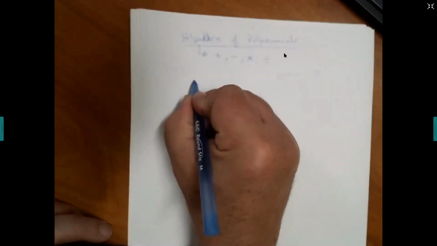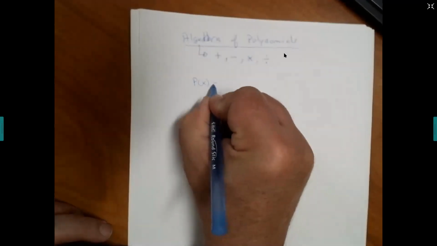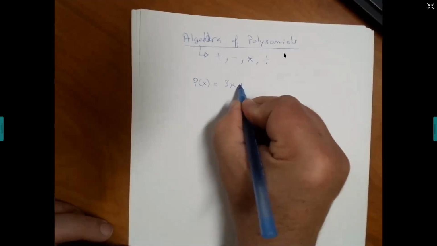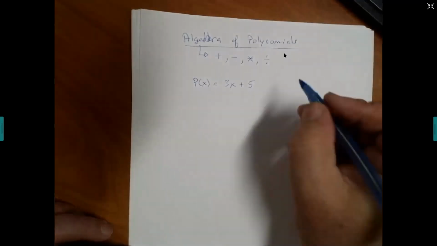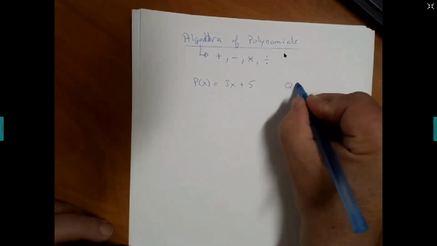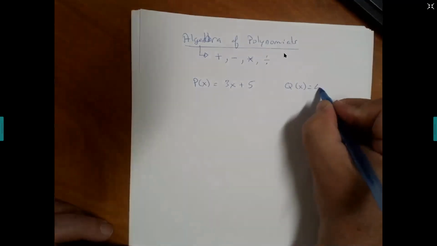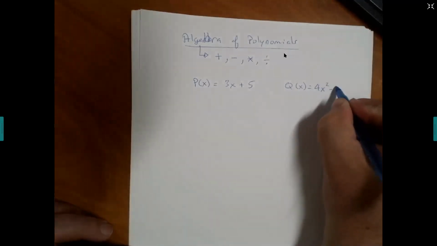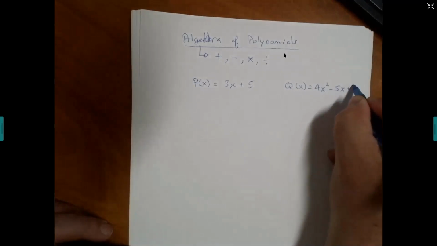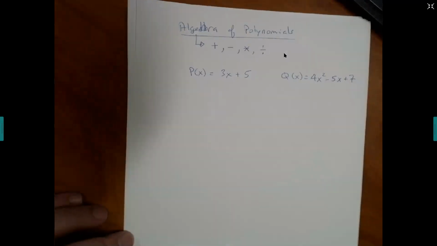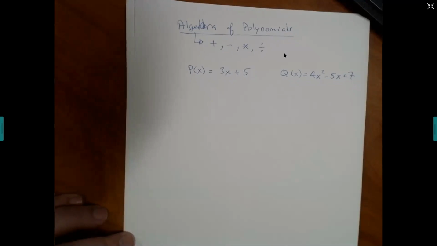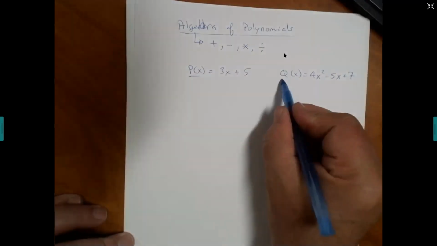In other words, if I had one polynomial, p of x is 3x plus 5, and q of x is 4x squared minus 5x plus 7. These are the names of the polynomials.